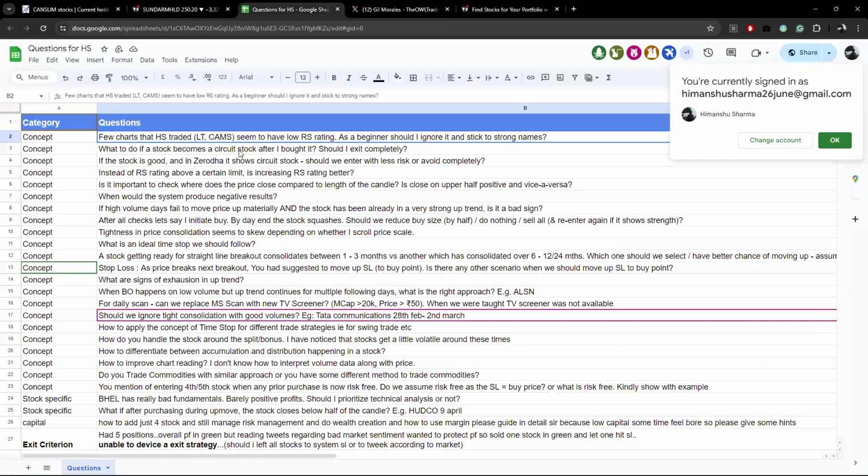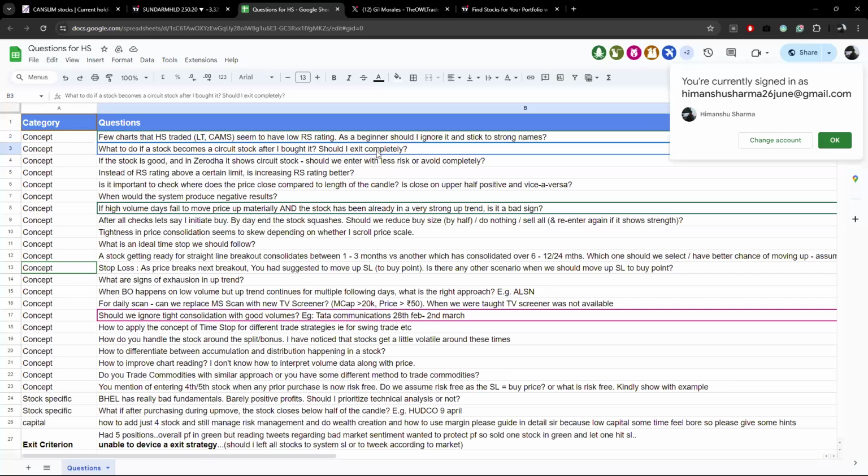Right? What to do if a stock becomes a circuit stock? You don't have to exit completely. You have to trim down your position because the stock has become a circuit stock. That means the stock has quickly run up a lot, which means you are in a good gain. So you don't have to exit it completely. You have to bring down your position size maybe to less than 5% or 6%.